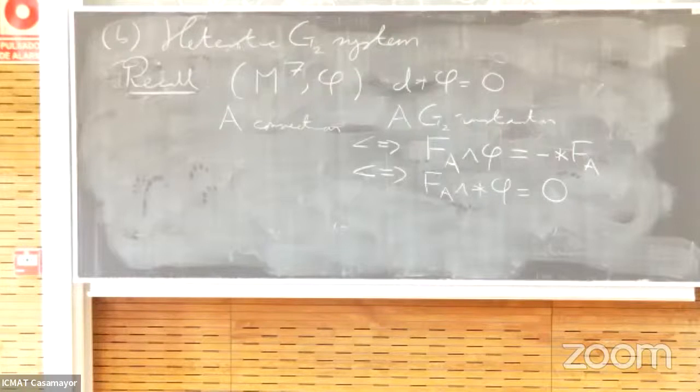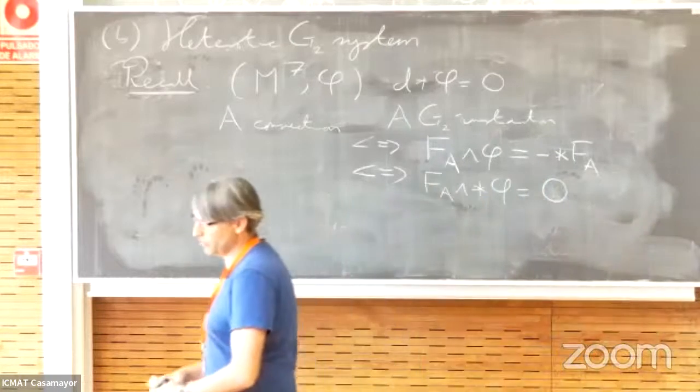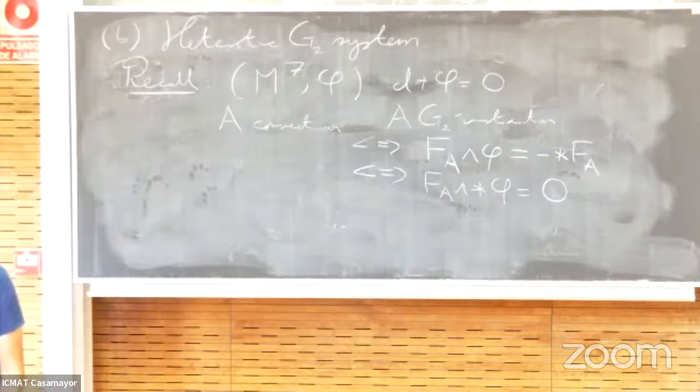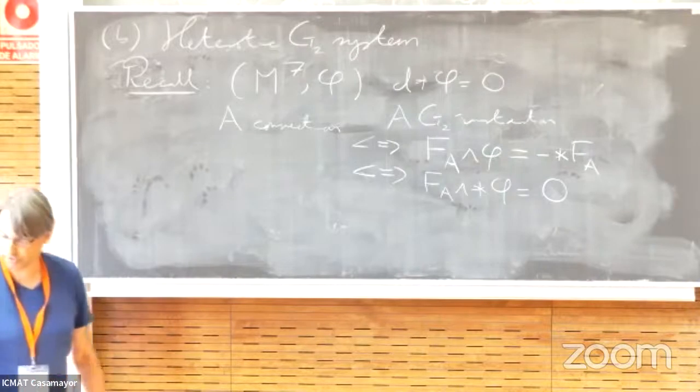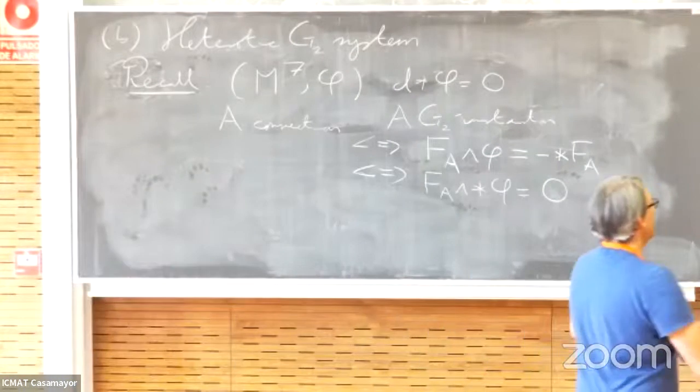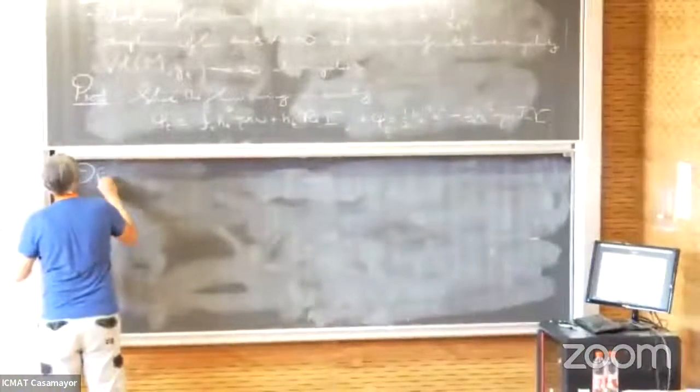It's a mixture of a statement about a G2 structure, but also connections on some bundles over your 7-manifold. So, definition.